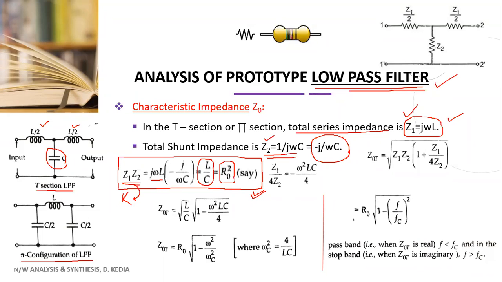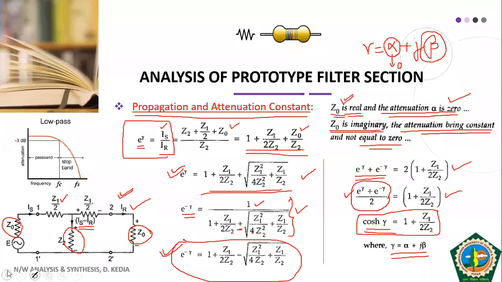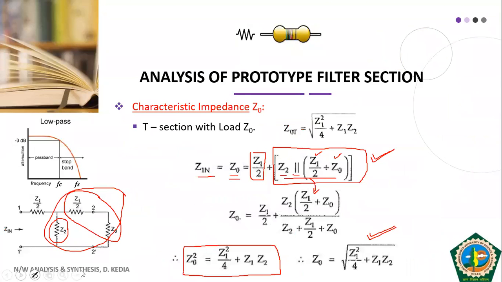Second thing is the expression for characteristic impedance we have already seen. Z naught T was under the root Z1 Z2 multiplied with 1 plus Z1 by 4 Z2. I hope you are able to recall. Just let me go back and I'll show you the value of characteristic impedance.